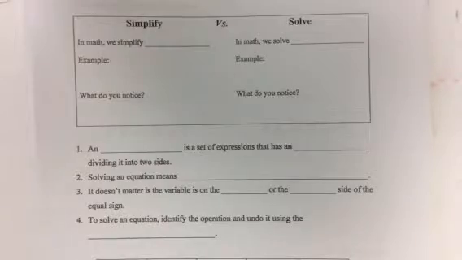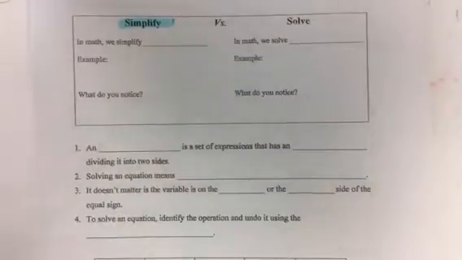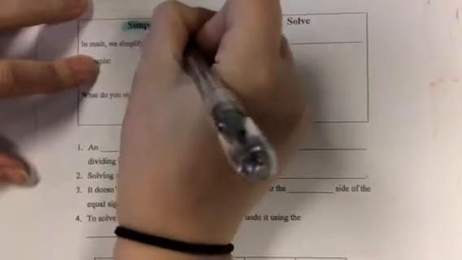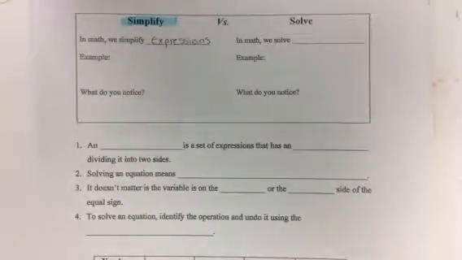So up until now, we have been doing something called simplifying. This is a term that you should be pretty familiar with by now. And in math, we simplify expressions. So what's an expression? You guys also should know this by now.